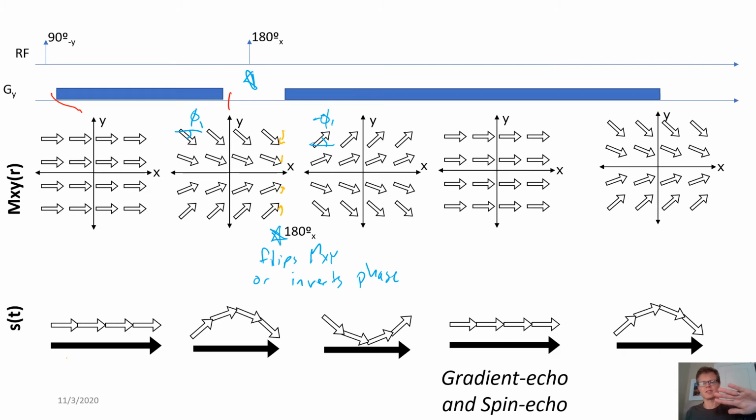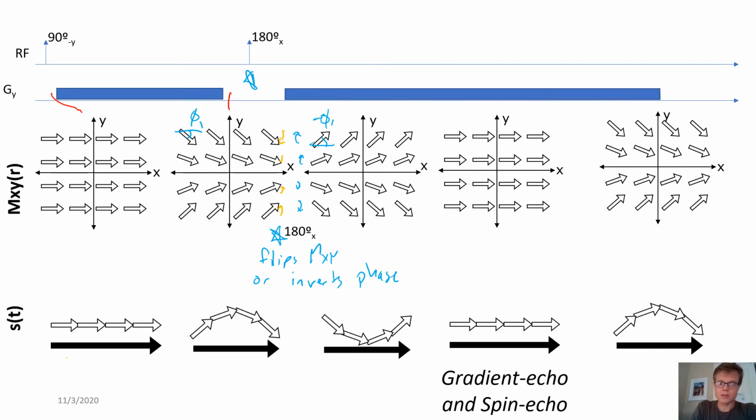And you can think of it as this pancake flip. We've tipped our spins, they've dephased, we'll flip them over, and by doing this, or I can maybe draw it on here, these have been flipped this way, these end up getting flipped the other way, and we invert this phase.